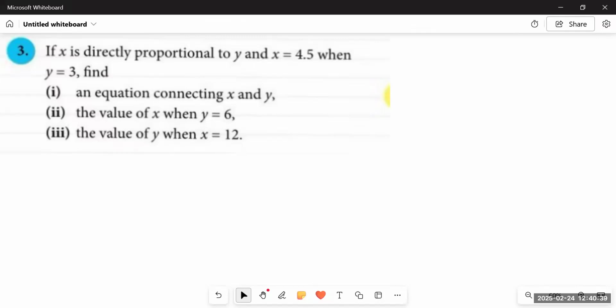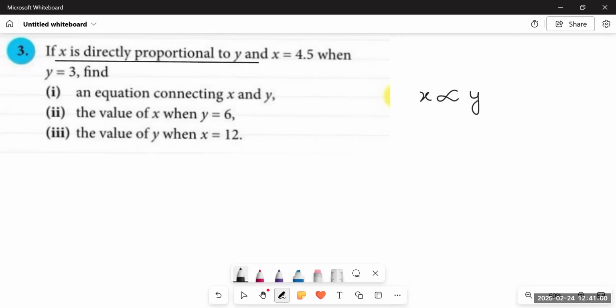So whenever you are provided with such a statement that if X is directly proportional to Y, it means X is directly proportional to Y. This is the sign used for proportional. And then what are we going to write? We will write it as X is equal to Ky.